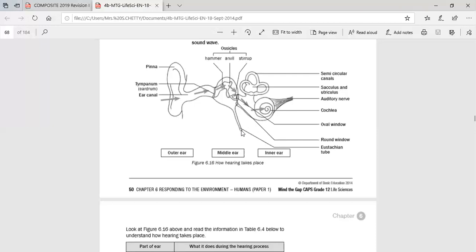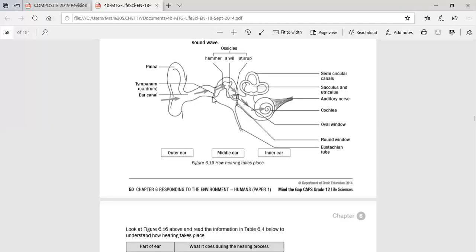And this air can be sucked up or can be expelled to equalize the air pressure on both sides of the tympanic membrane. So here there's air, here there's air, and you want the air pressure on both sides of the tympanic membrane to be equal so that the tympanic membrane will vibrate freely.